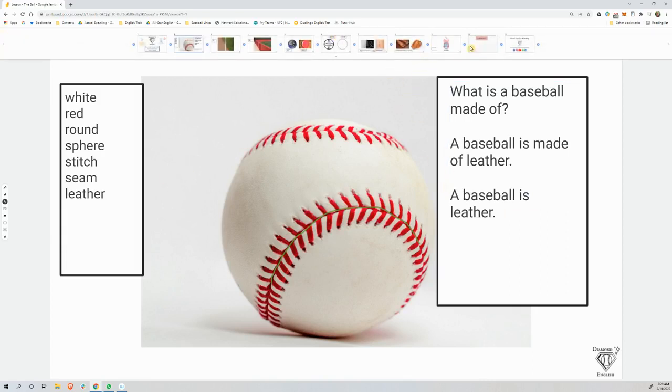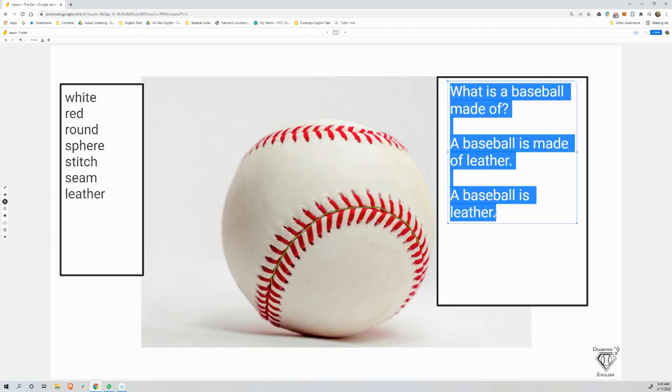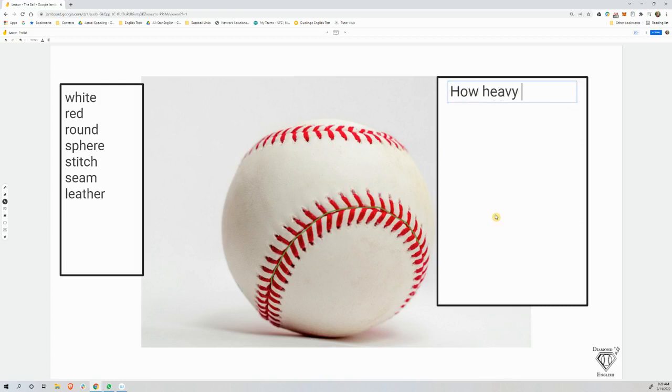Well, let's look at this question. How heavy is a baseball? And with heavy, I want to think weight.